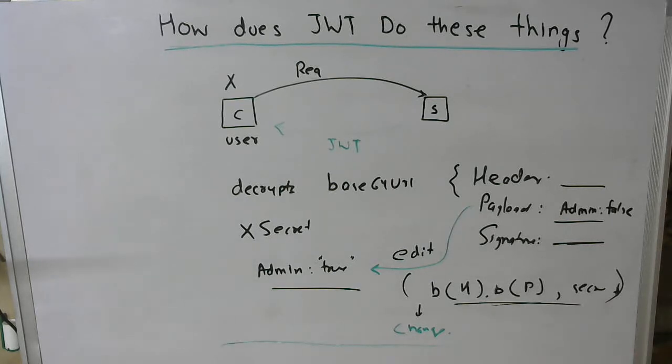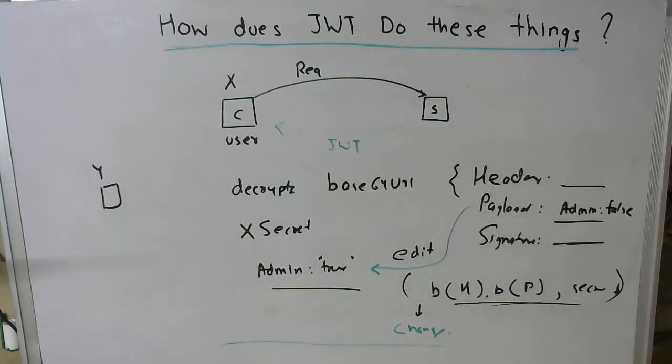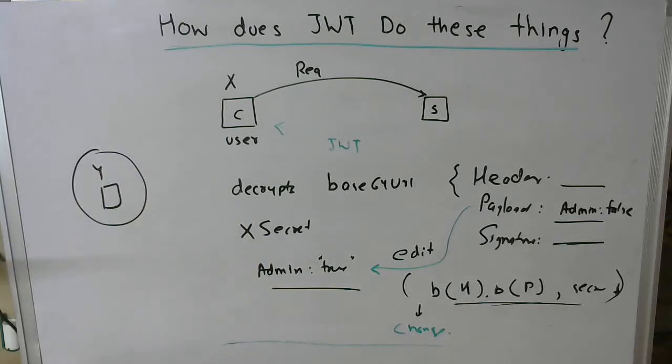So what if someone just has the JWT itself? If some other user Y has the JWT of X user, that we will see in the next video. That is actually very interesting, and it will show you how vulnerable, well, we can't say vulnerable, because JWT was not made with that topic in mind.